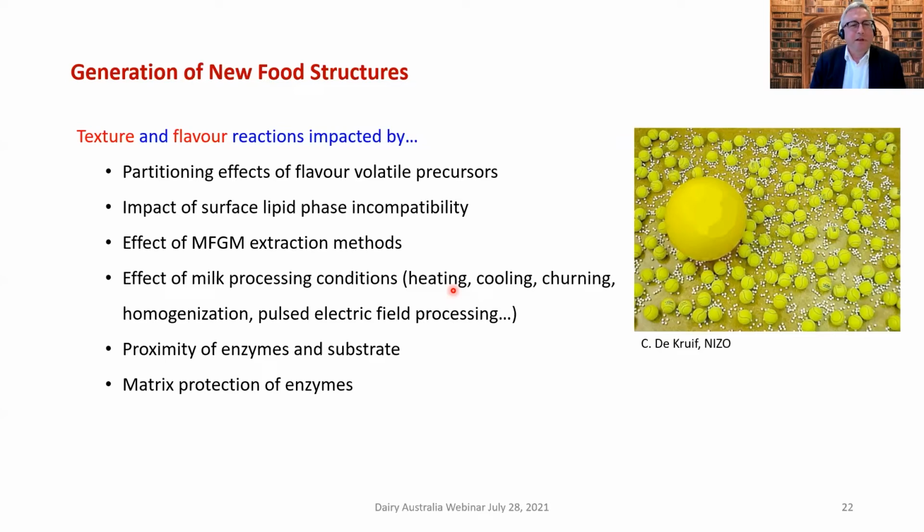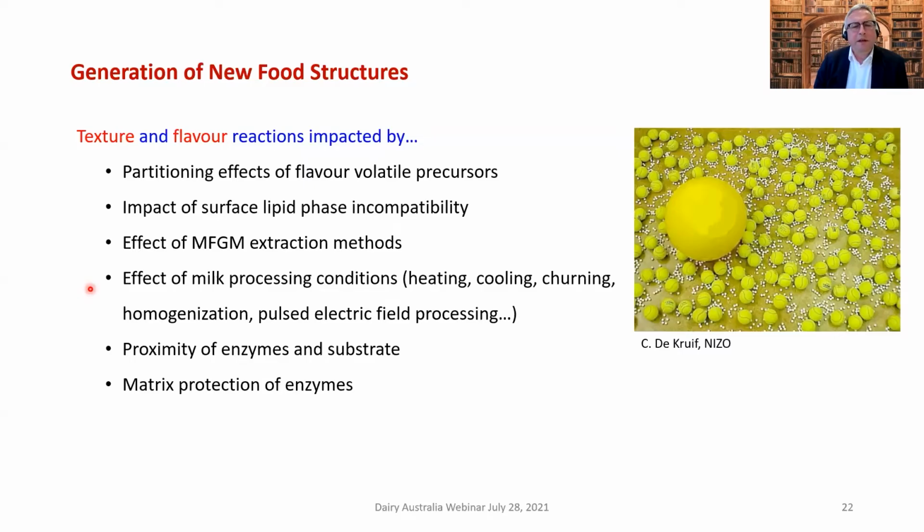So texture and flavor reactions are impacted by a number of different things. It's extremely complicated to look at the different physical and chemical reactions that occur. One important one is the effect of milk fat globule extraction methods, which I'll address later on, and how we take that out of buttermilk and use that to coat fat globules to make that recombined milk cheese that I talked about earlier.